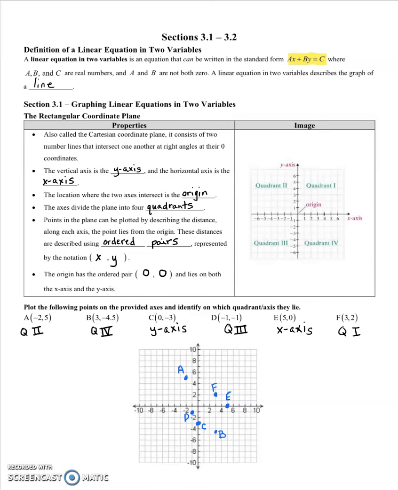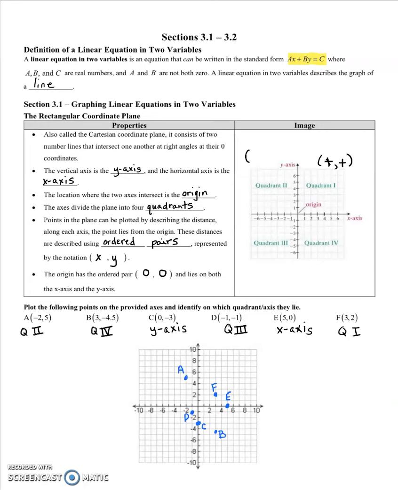Now, I could have told you where any of those points were without having to actually put them on the graph. How would I have known that? Well, if we go back up to our image in the box here, we have quadrant 1. Everything in quadrant 1 is a positive x and a positive y.